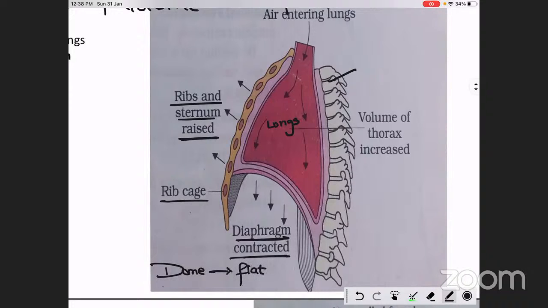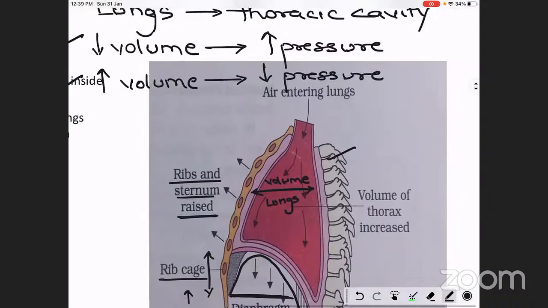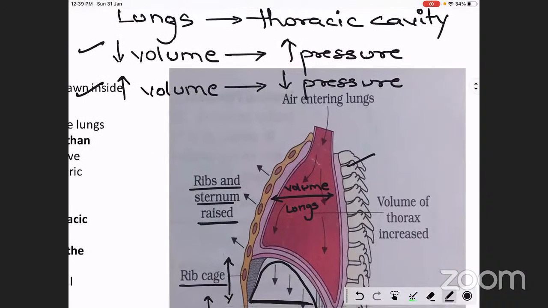So when it is coming from this shape to the flat shape, this much volume will increase. And here also, if the ribs and sternum are going outside, the volume is increasing. And as we studied just earlier, if the volume increases, then the pressure will decrease.